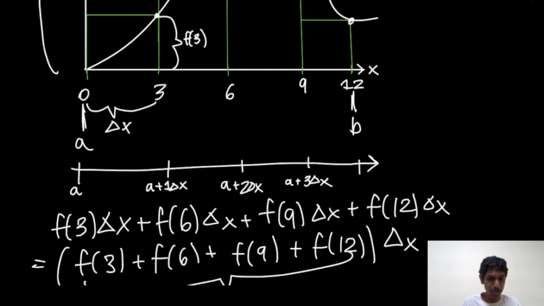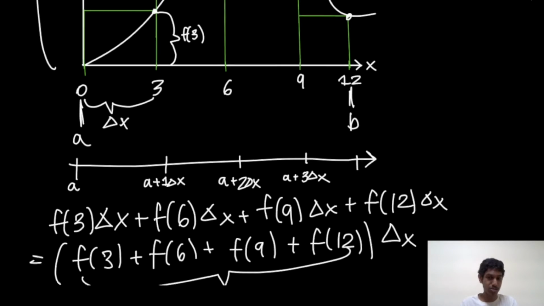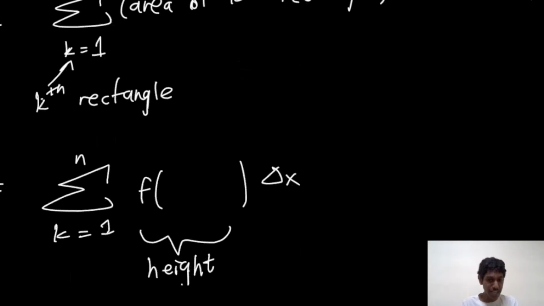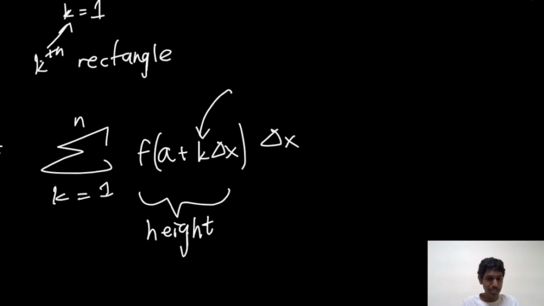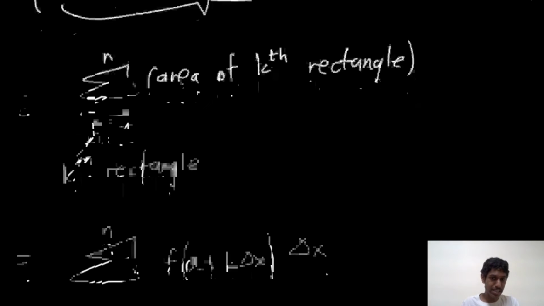And note that this 1 is for the first rectangle, and we add 2 delta x for the second rectangle, and 3 for the third rectangle, and so on. And so for the kth rectangle, we can say it's a plus k delta x, right? Because we step k times.